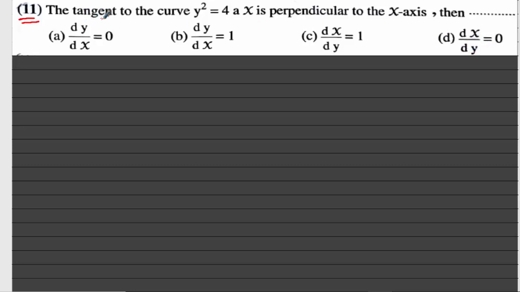Here we have the tangent is perpendicular to the x-axis. So you can consider theta equals 90 degrees.